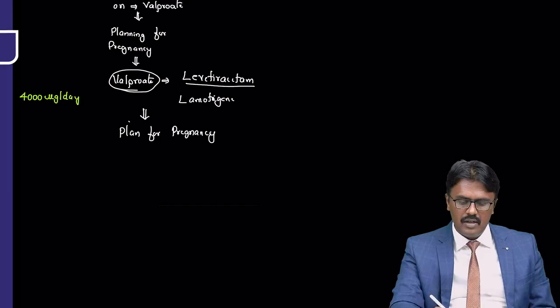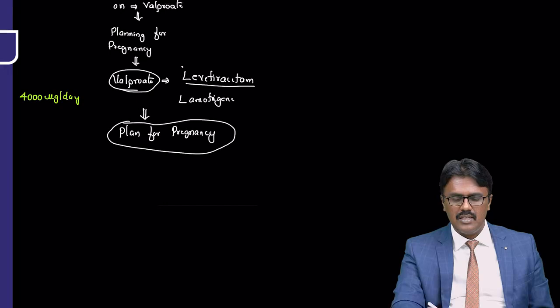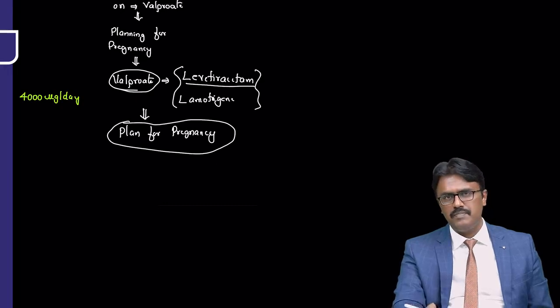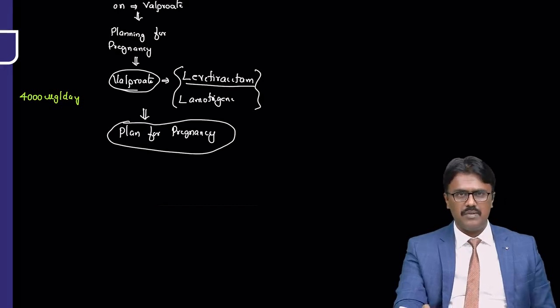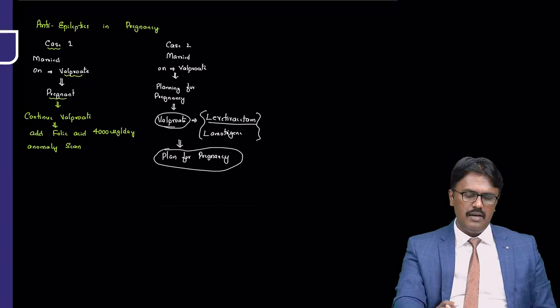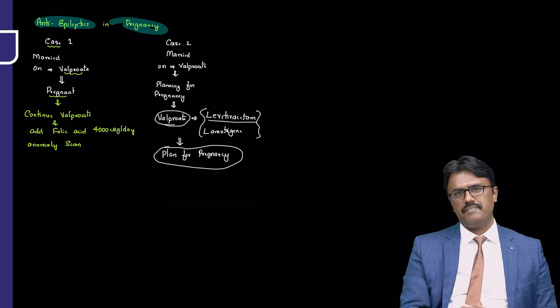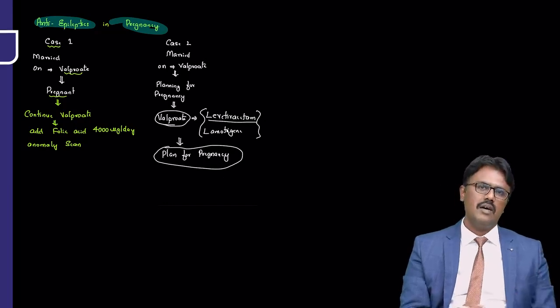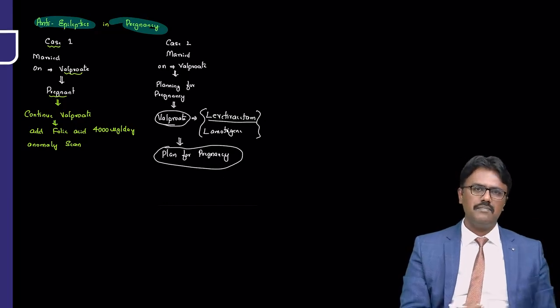When they are controlled, then we tell them to plan for pregnancy, let her become pregnant. These are safe in pregnancy, it's no problem. Remember L and L, levetiracetam and lamotrigine. So this is how we manage the cases in pregnancy. Many times people will not come and tell us they are on anti-epileptic therapy, they will become pregnant, then they will come.